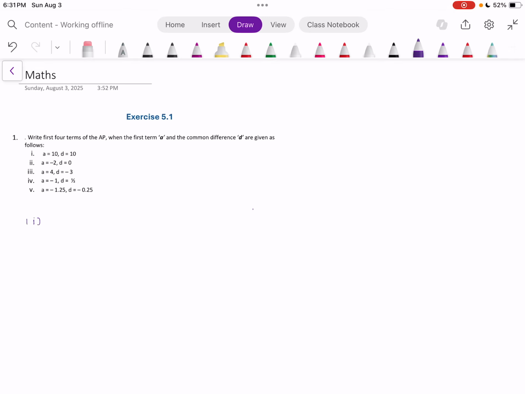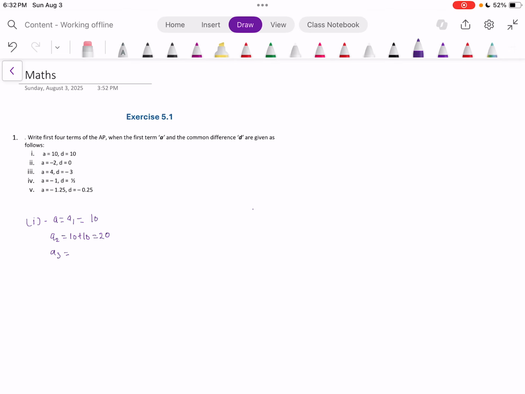First question, A is 10 and D is 10. So A or A1 is going to be 10. A2 is going to be A or A1 plus D. So 10 plus 10 is going to be 20.